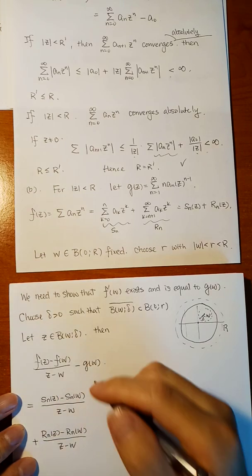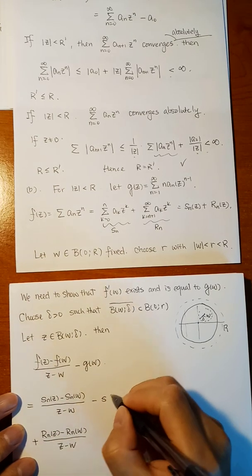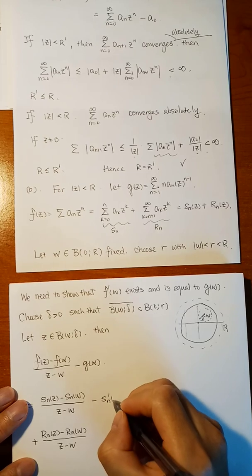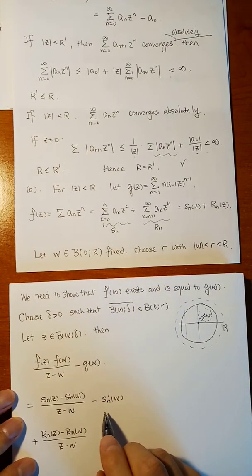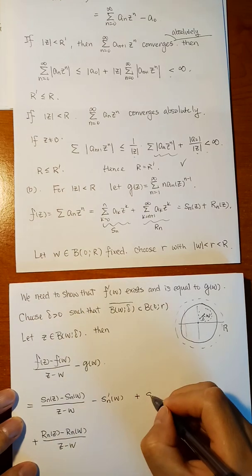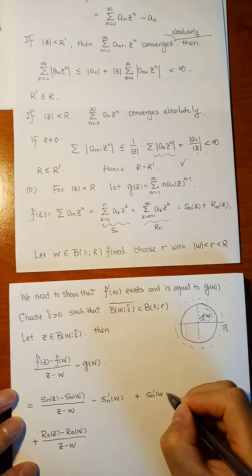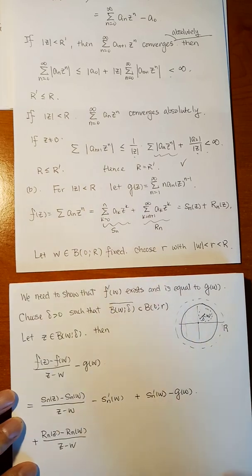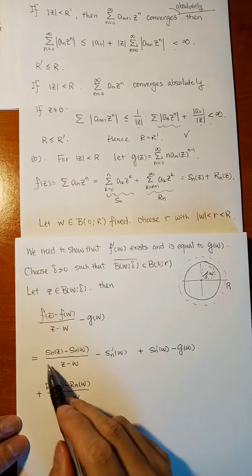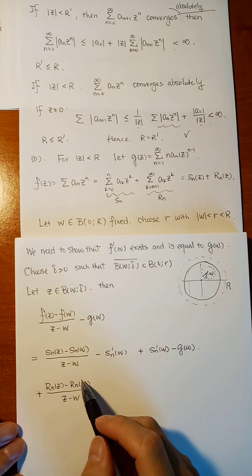And here we insert Sn prime of w, the derivative of the partial sum, plus Sn prime of w, and minus g of w. Okay, so why? You see here, this partial sum is a polynomial.